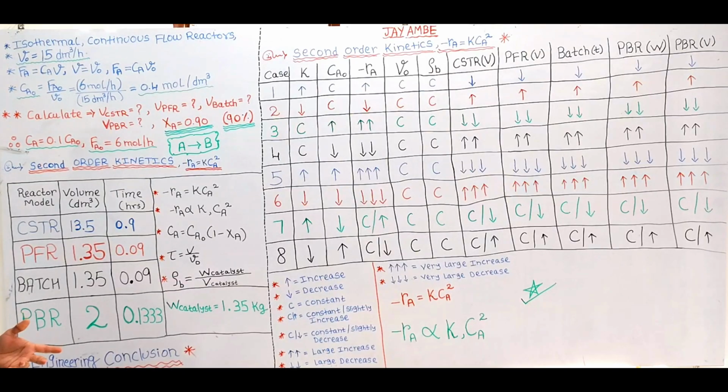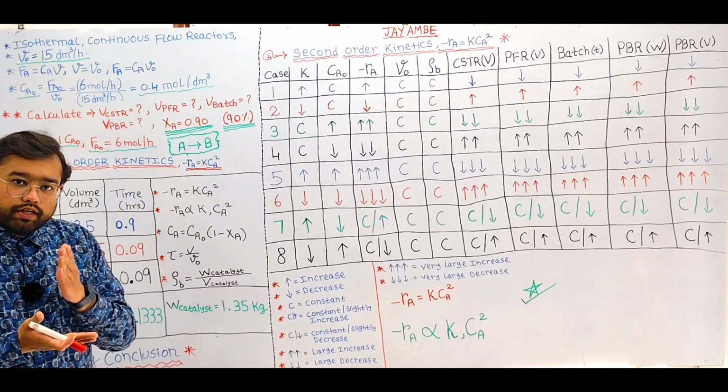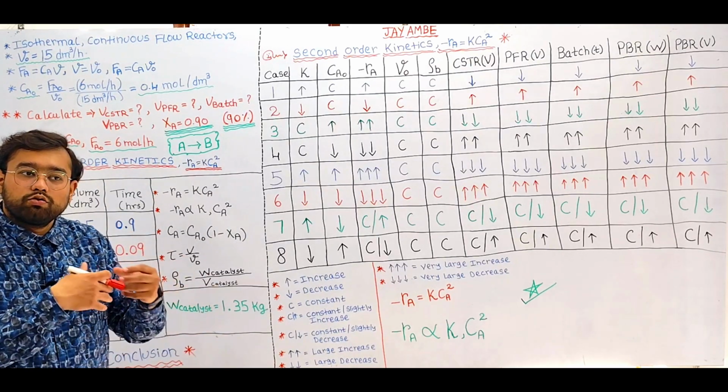So why is it so? We need to understand that. In the previous lecture, I made you understand that the batch reactor operates as a time-based PFR. If you want to recall, I request you to please watch the previous lectures. Here the batch reactor is operated as a time-based PFR, which means at the starting of the reaction, when the conversion is 0, we have fed all the feed mixture to the batch reactor.